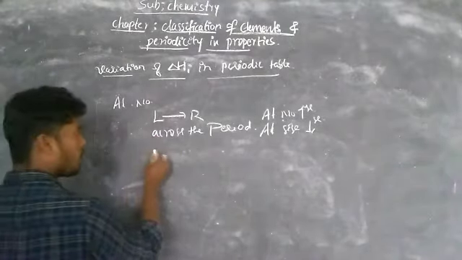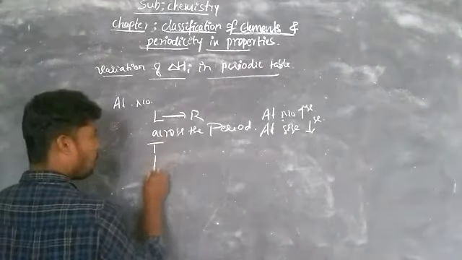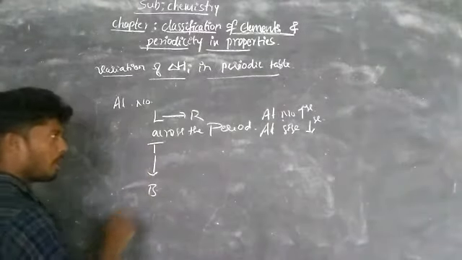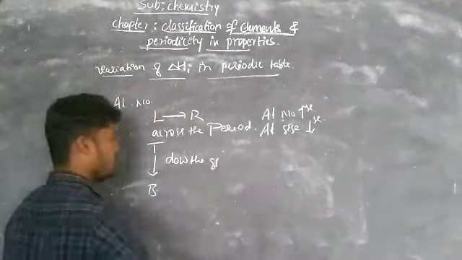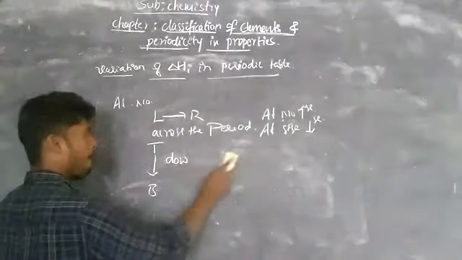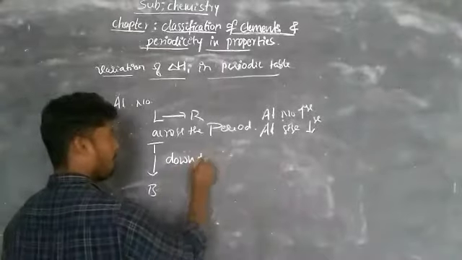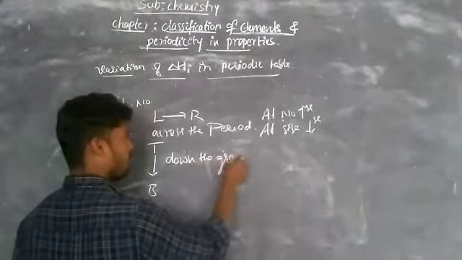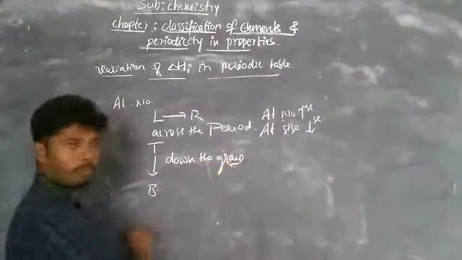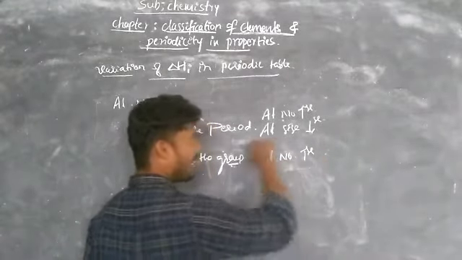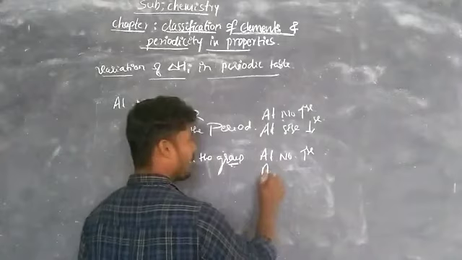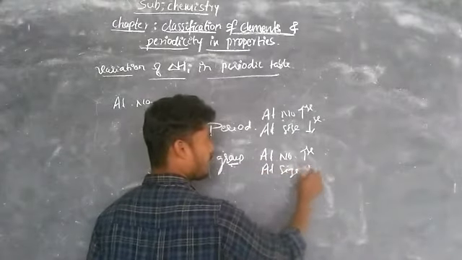Similarly, down the group, that is top to bottom, the atomic number increases, but atomic size also increases.